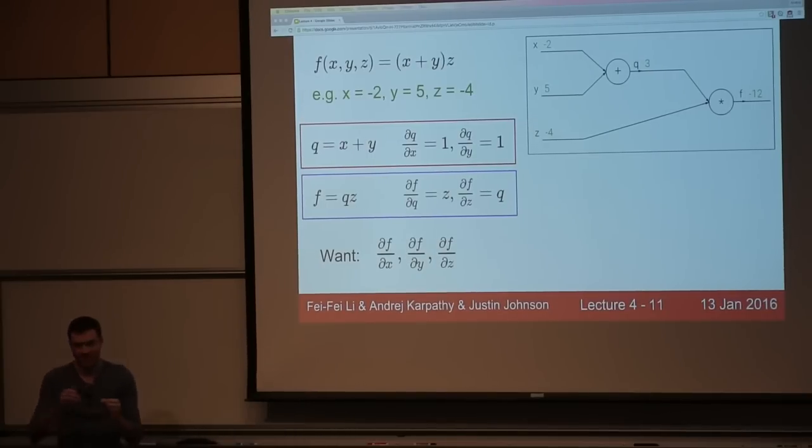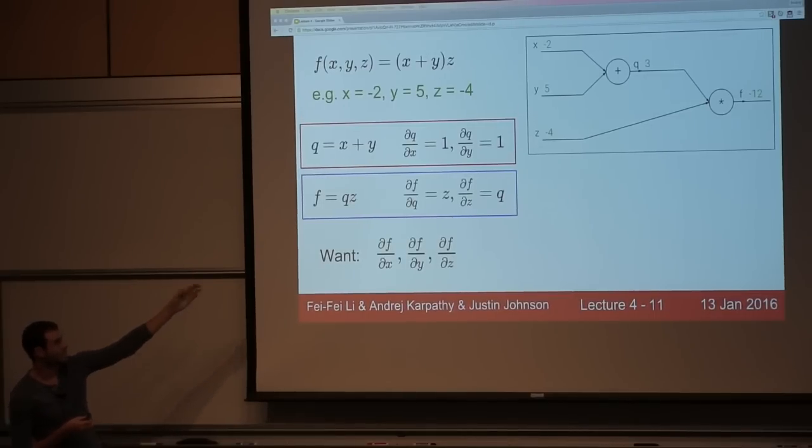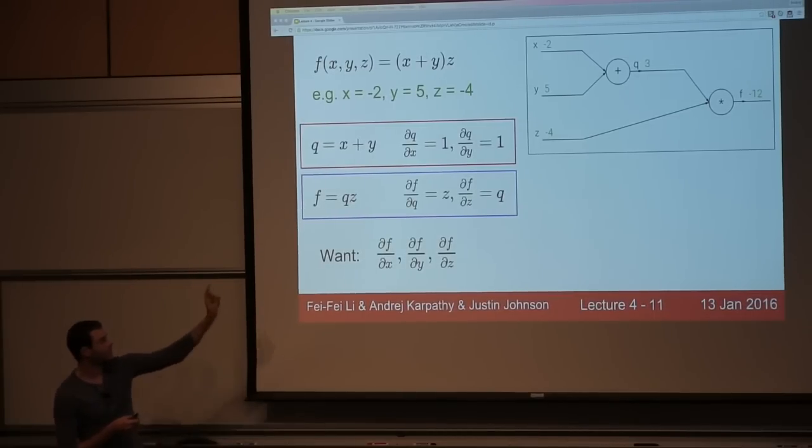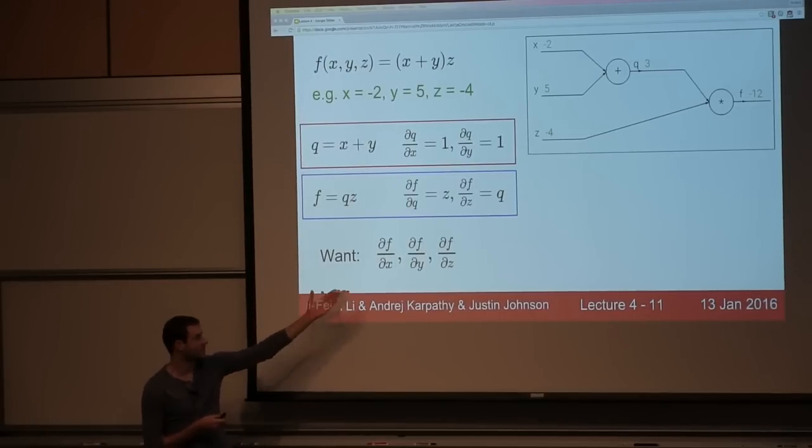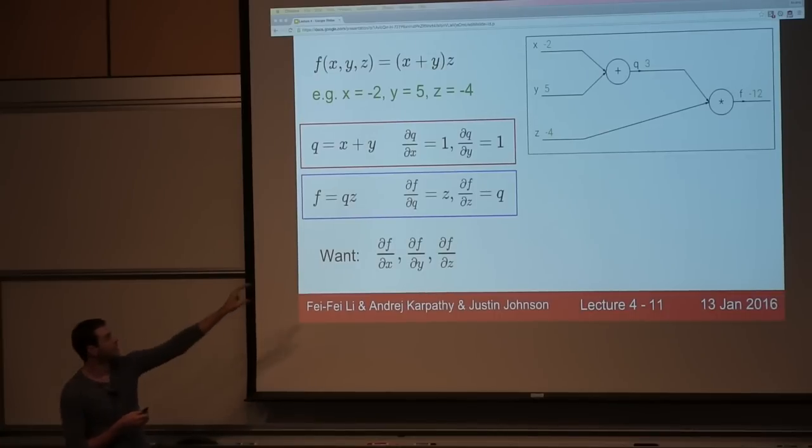And this plus gate is computing this output q. So q is the result of x plus y, and then f is a multiplication of q and z. What we want is the gradients, the derivatives df by dx, df by dy, df by dz. And I've written out these little gradients for every one of these 2 expressions separately.